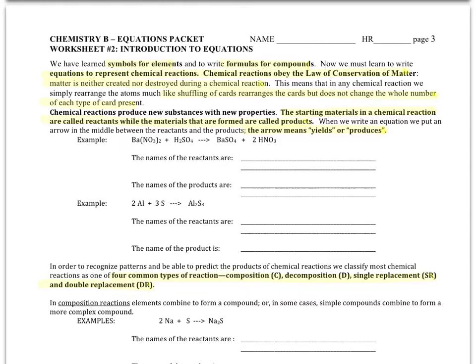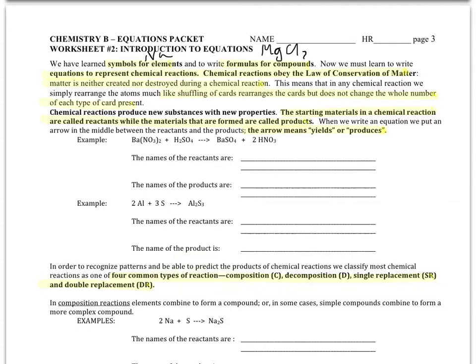So, we have already learned prior to this in Chem A that symbols represent elements, right? So like Na represents sodium, or Cl would represent chlorine, Mg magnesium. And we have learned that formulas represent compounds or combinations of elements, right?